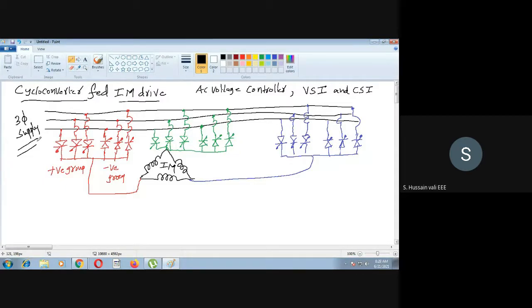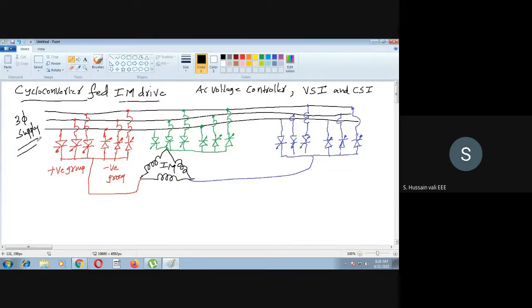This cycloconverter, based on the switching style that we have studied, gives you different waveforms here, different frequency waveforms here. I hope you remember this. As these are thyristors, there is a type of commutation you require, sometimes forced commutation, sometimes natural commutation.